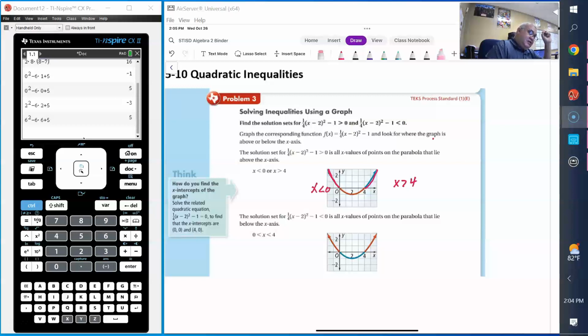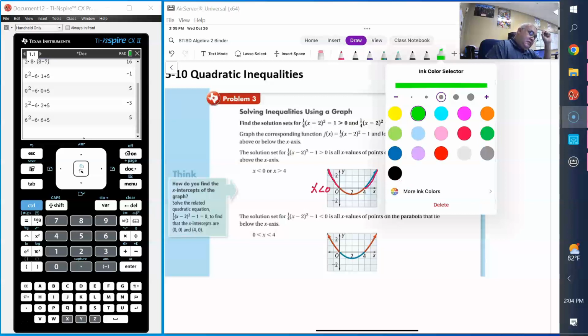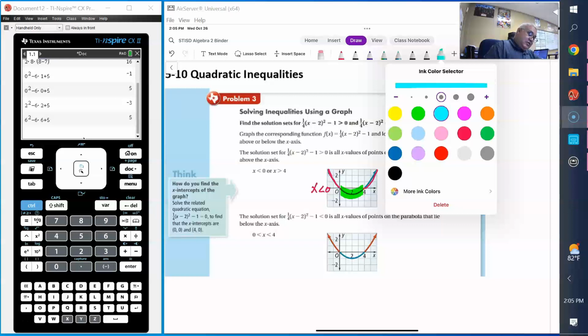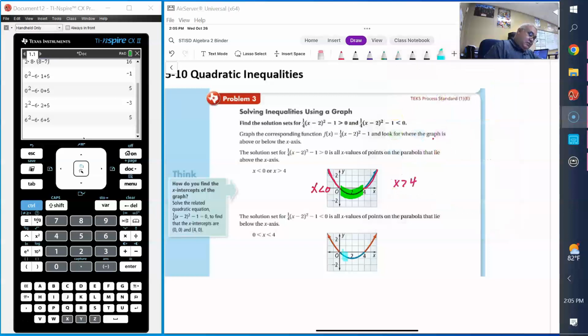If you look at this part right here, this is when the y value is less than 0, and that won't be part of the solution. So the only part of the solution is when x is less than 0 or x is greater than 4. Now, the other case is, what if we want it when it's less than 0? If it's less than 0, then the part that we're interested in occurs down here.